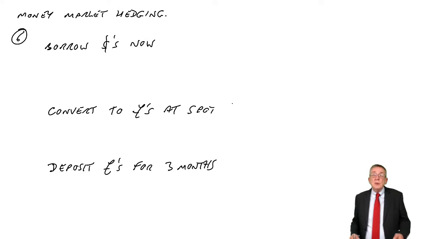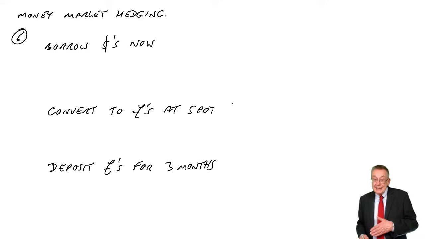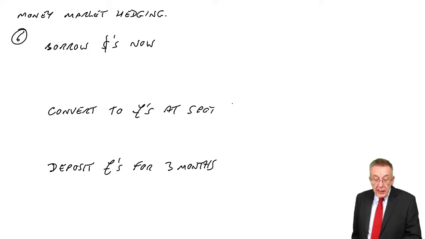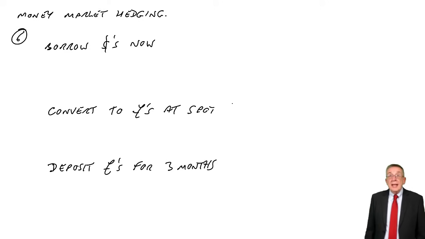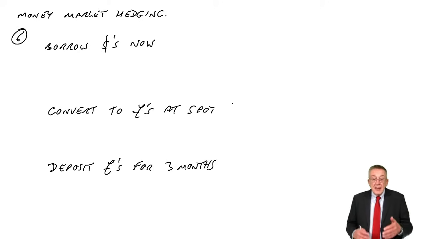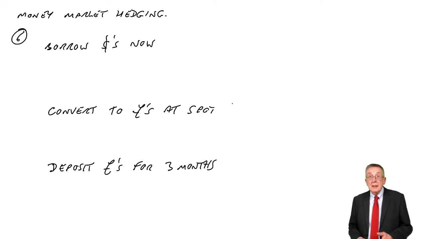Now, why have they given two rates? Well, the reason two rates are quoted is depending on whether you're borrowing or depositing. And I think it's obvious which is which. If it's dollars we're talking about, the US, surely if you're depositing money, the banks will pay you the lower rate of 5.2%.